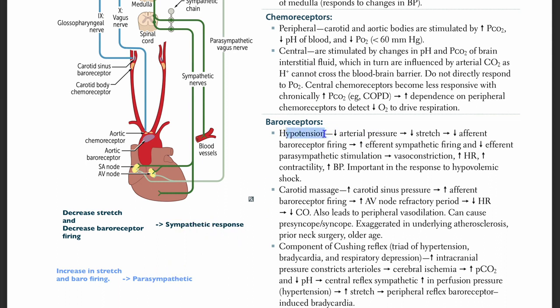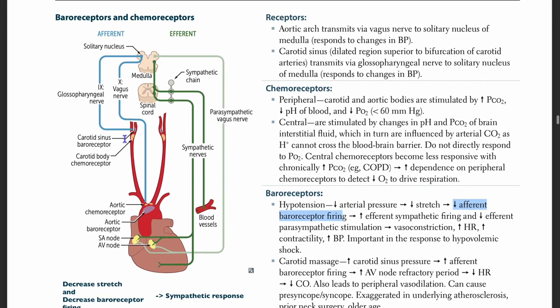So you have hypotension, so that is a decrease in arterial pressure, a decrease in stretch, which will cause a decrease in afferent baroreceptor firing. Okay, so decreased stretch means decreased baroreceptor firing, right? This is important right here that you understand this. That's why I wrote this out. That decreased stretch and decreased baroreceptor firing will give you efferent sympathetic firing, right? Efferent sympathetic firing is the efferent ones coming in, like this dark green one, right?